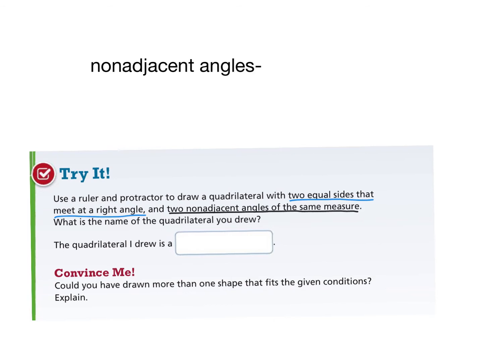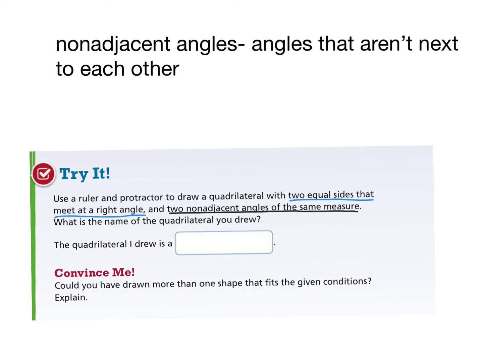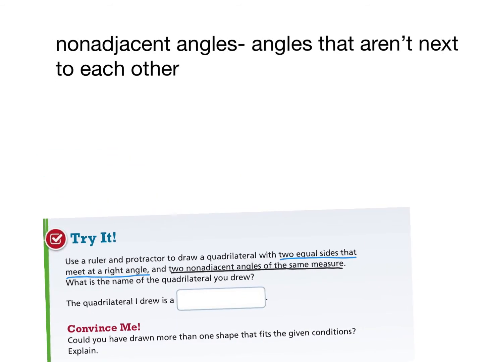Non-adjacent angles are basically angles that aren't next to each other. And we talked about adjacent angles as 2 angles that share a common ray.